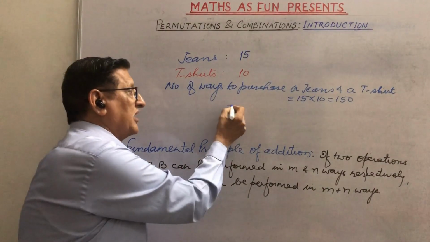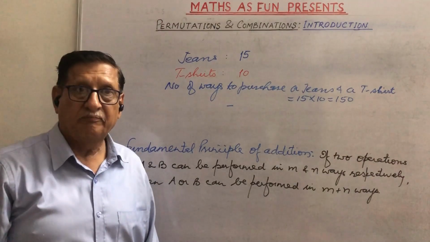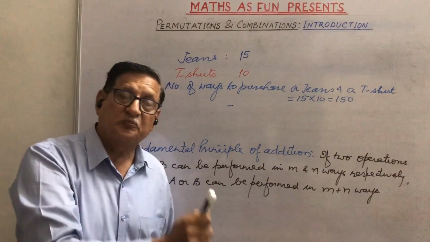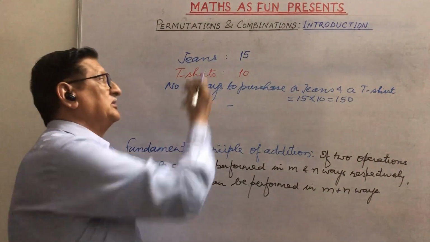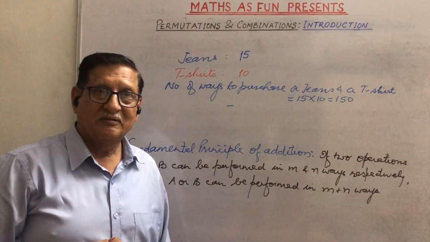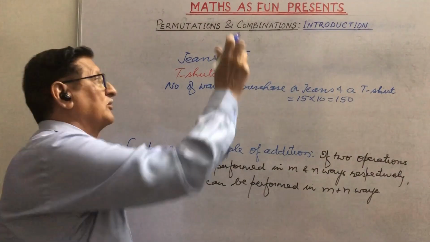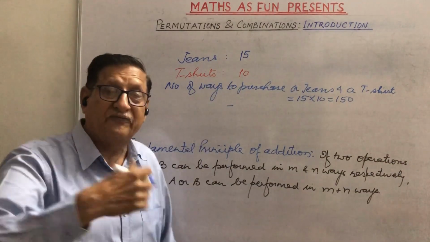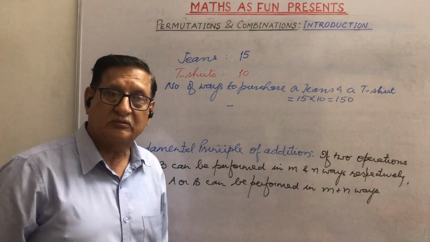Now suppose the same problem is decided in a different way, that the person wants to purchase only one of the items, either a jeans or a t-shirt. Will he associate in any way? No. Then he has only 15 and 10, 25 choices, and out of these 25 clothes he can purchase any one of them.